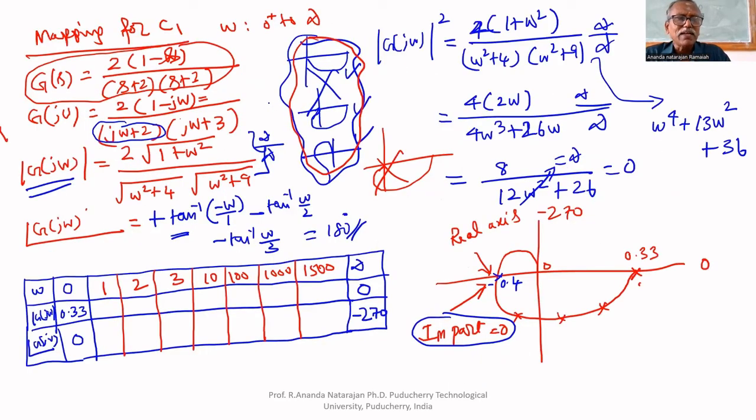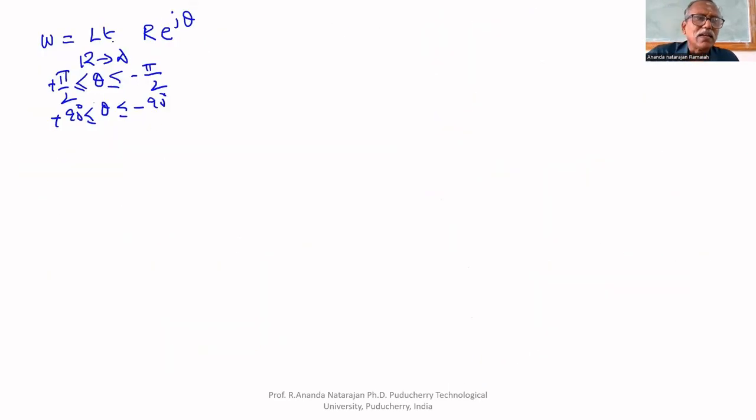Therefore, mathematically, we can define the circle like this. Limit R tends to infinity, R e power j theta. So this semicircle can be defined as limit R tends to infinity, R e power j theta.